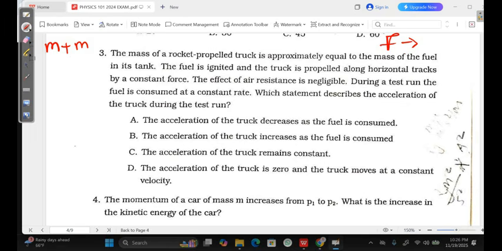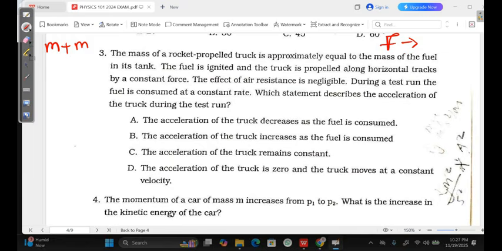But let me first explain something. Here is the truck, and now there is fuel. The mass of the rocket and the mass of the fuel in the tank are the same, meaning that the truck is a bit heavy. As time goes by, the fuel is going to be consumed, so the mass is becoming less.